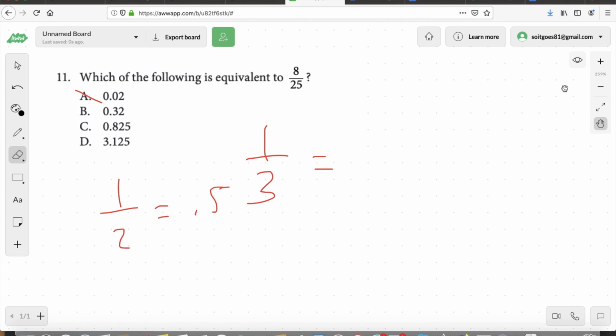And 0.825, that's close to 1. Like 0.9 would be close to 1. 0.8 is pretty close to 1. 0.825 is definitely bigger than 0.5.